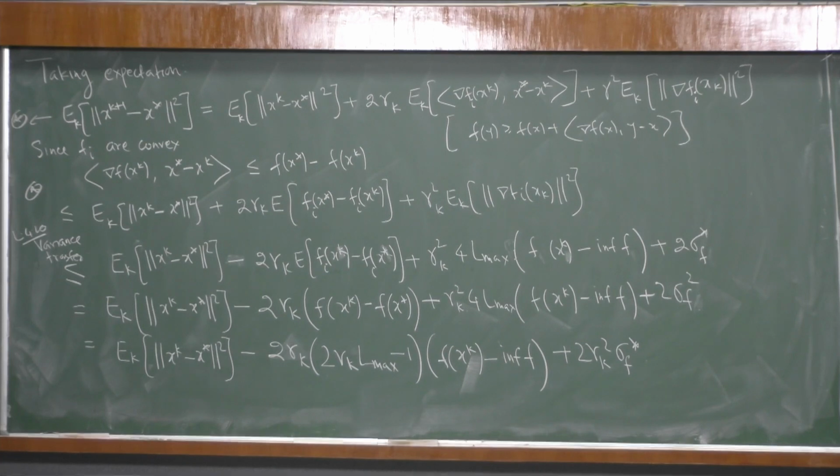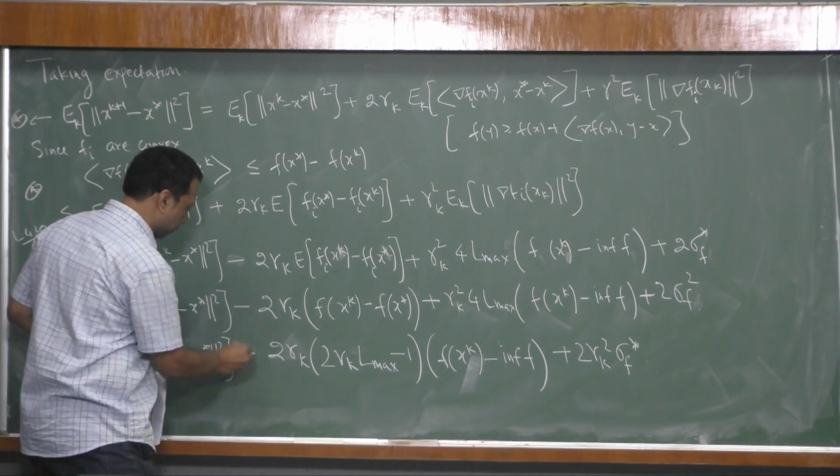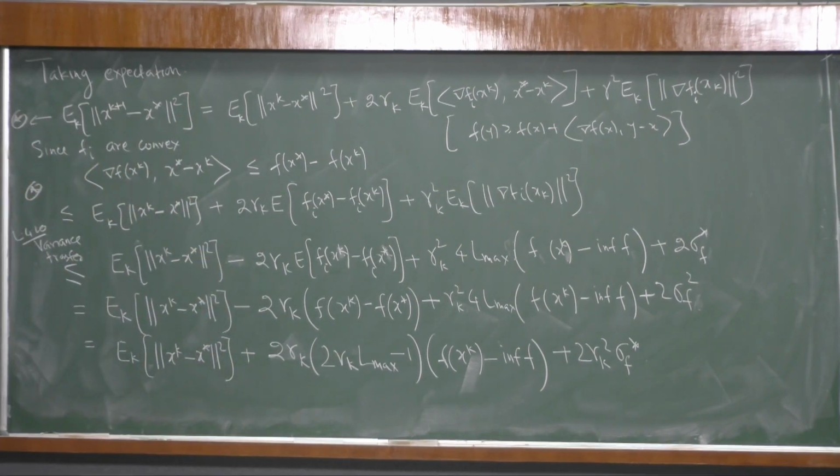We had to do this flipping because we had to take it common. That's where the minus came. So f(xk) minus infimum of f, that goes with the minus. Here it will be plus, right? Okay. Then the way we did this, it seems to be okay.